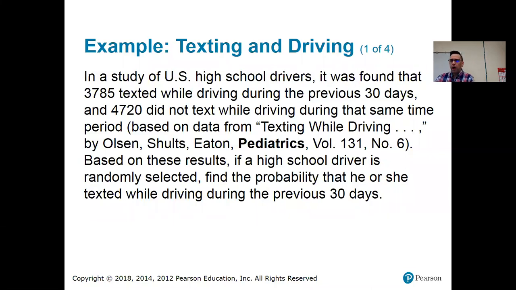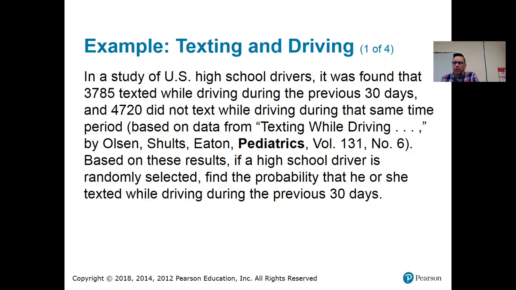Okay. All right, so as a reminder, I think for this we're going to use what we call the classical approach for probability. So when you have equally likely outcomes, and the people in this study would be the equally likely outcomes. I have a few thousand names of the people in this study.